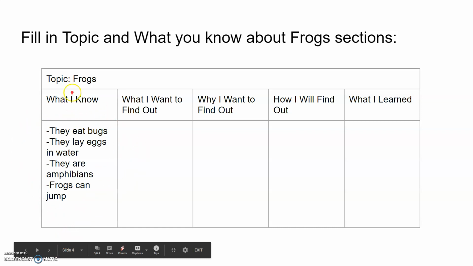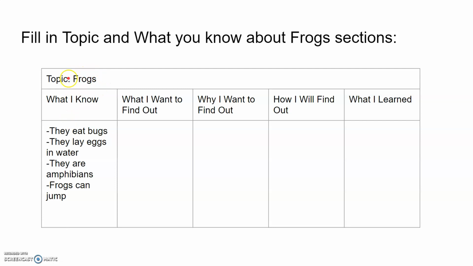So when students get their paper, they should first fill in the topic, and then we'll spend some time and they can write down what they know about frogs. And as an example, I know that they eat bugs.